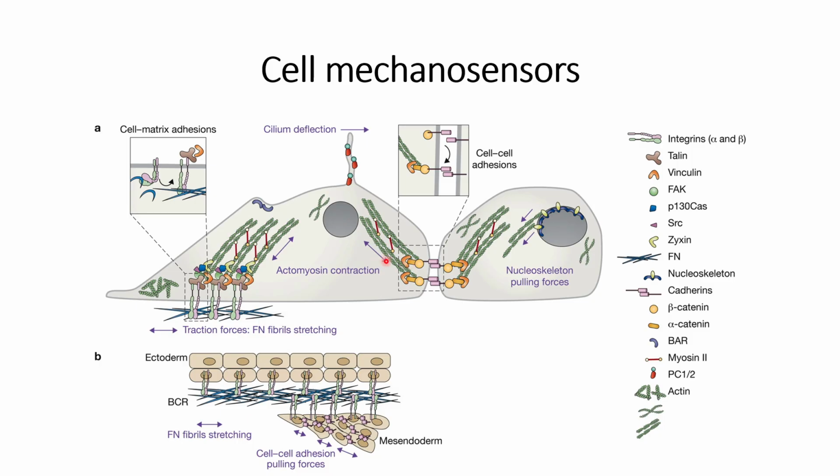So these are two major cell mechanosensors, and one more example is shown here, where we can see that the integrins interact with this ECM, and similarly not just one cell but other cells also interact with the ECM. So this is the integrin interaction with the extracellular matrix, and that will generate this cell adhesion pulling force.